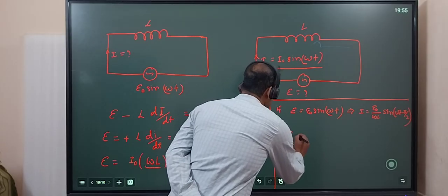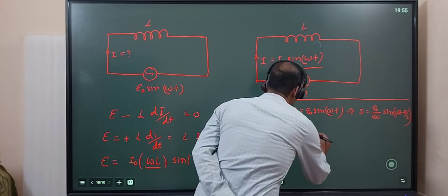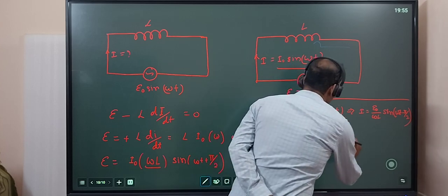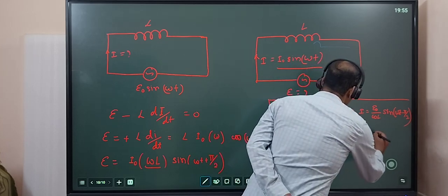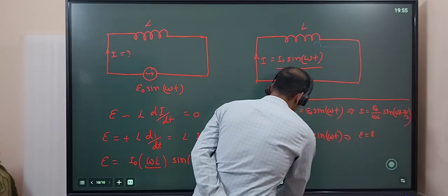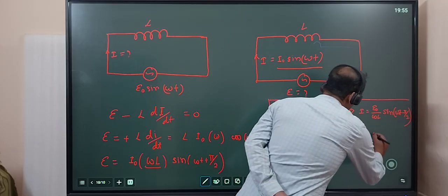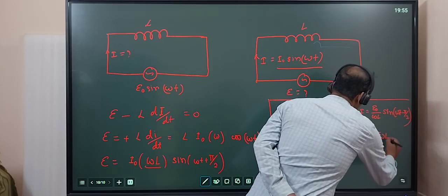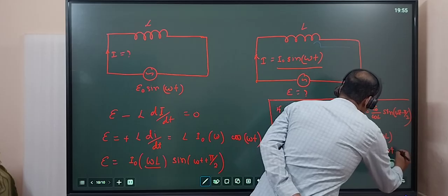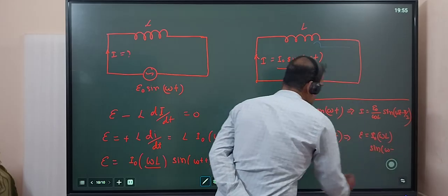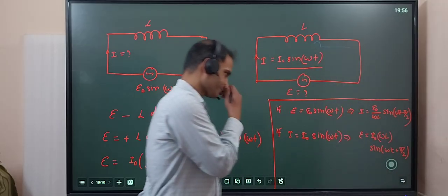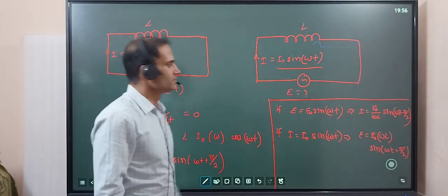If I is equal to I naught sin omega t, then EMF was I naught omega L sin omega t plus pi by 2. Okay, let us see here.